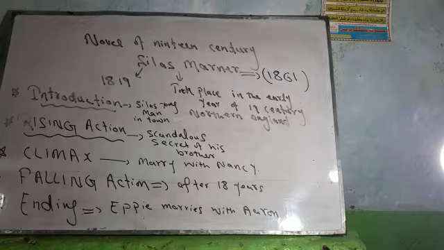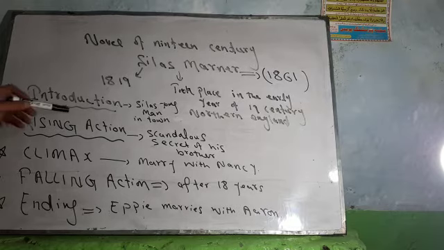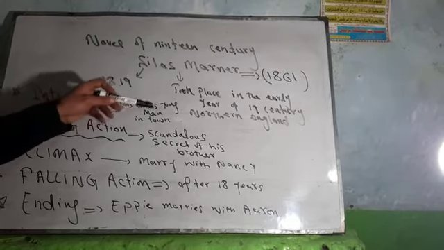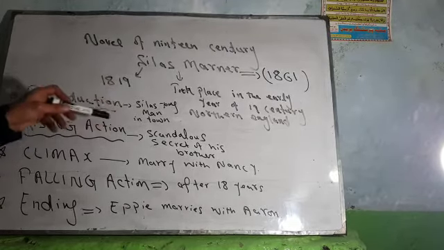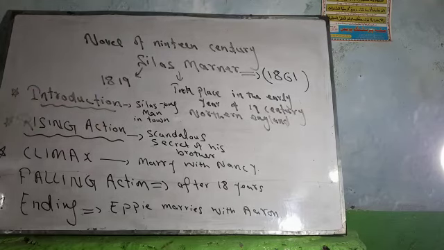First of all, I want to tell you about the introduction of Silas Marner. The novel starts in the present and flashes back to when Silas was a young man in Lantern Yard. Firstly, the story happened in Lantern Yard.